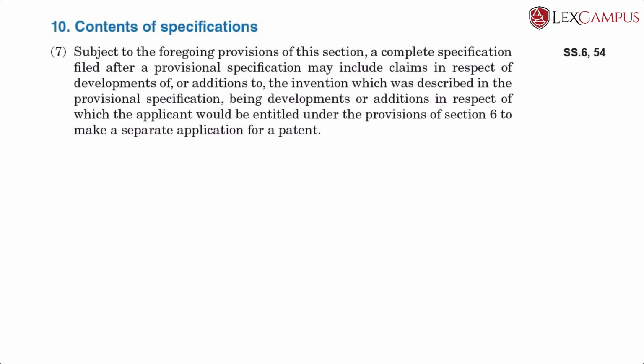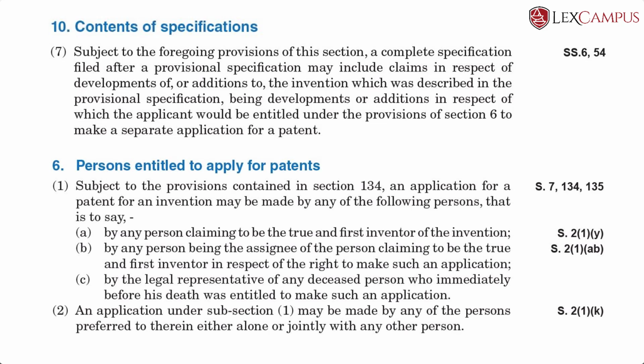Subsection 7 states that subject to the foregoing provisions of this section, a complete specification filed after the provisional specification may include claims in respect of developments or additions to the invention which was described in the provisional specification, being developments or additions in respect of which the applicant would be entitled under the provisions of section 6 to make a separate application for a patent.